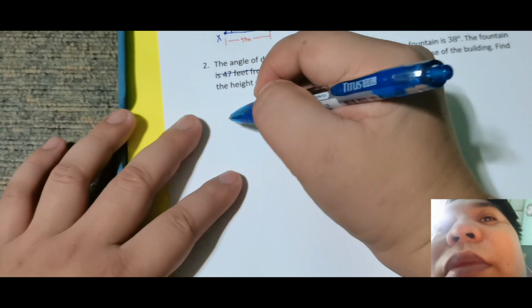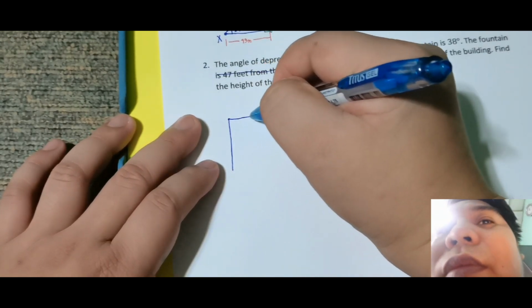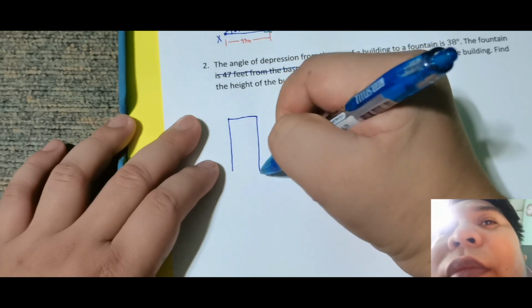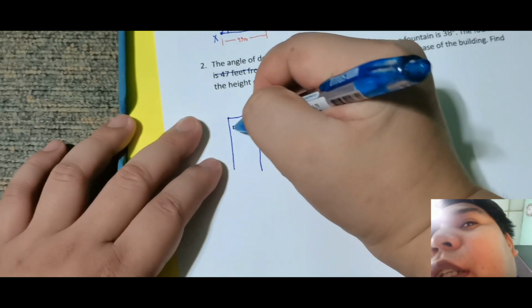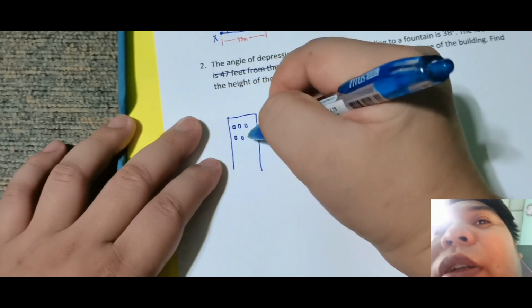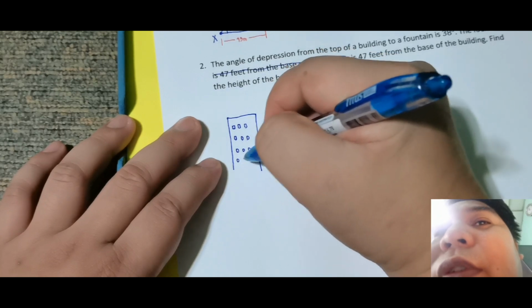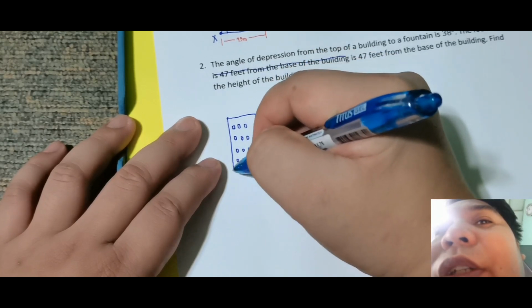Assuming ang drawing sa ito yung building. So napakagandang drawing niya, sir. So welcome to my drawing class. So di ko napapangalanan yung building, baka ma-issue tayo.